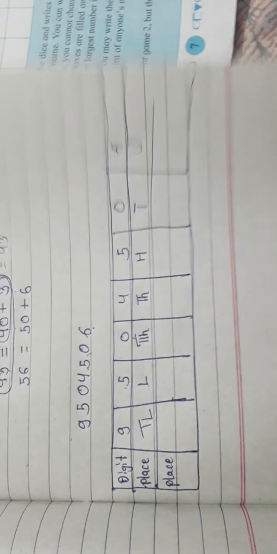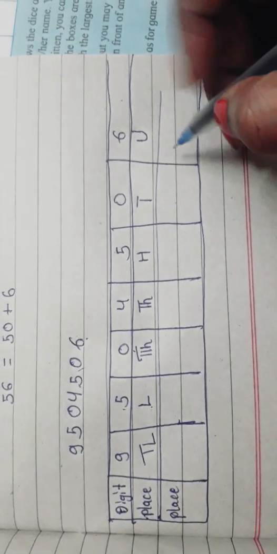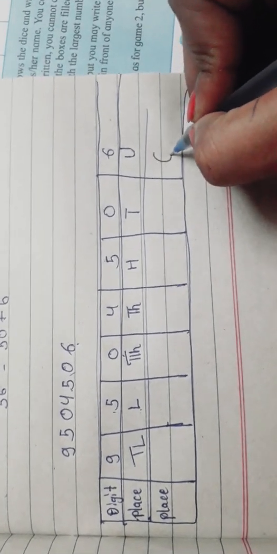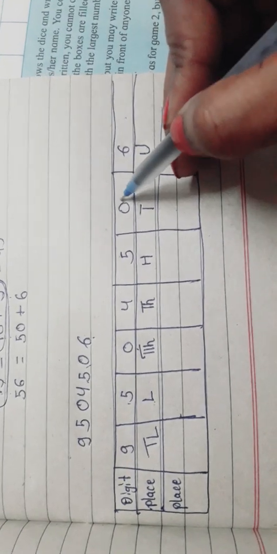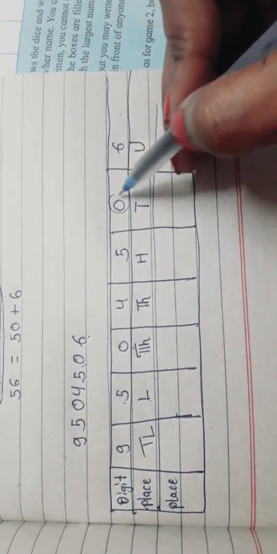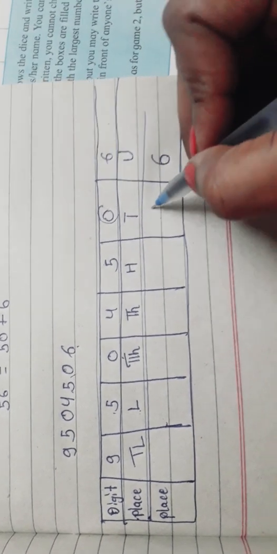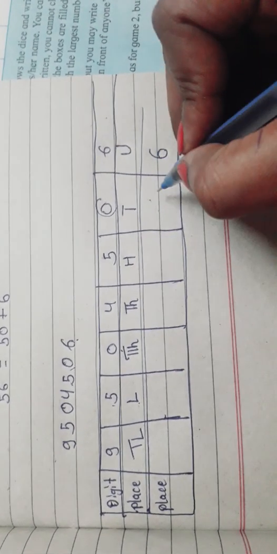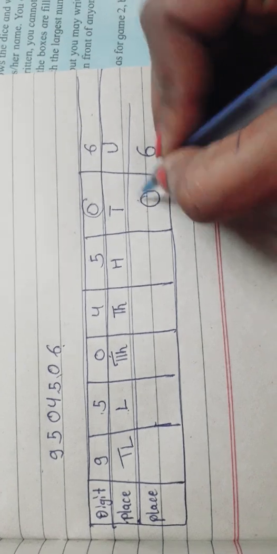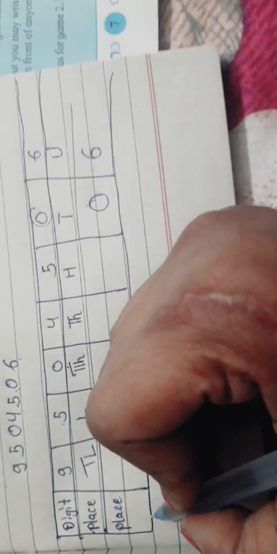Clear? Now as it is the unit place, we have to write 6 because it is a single digit. 0, as I told you, if the digit is 0, its place value will be 0.